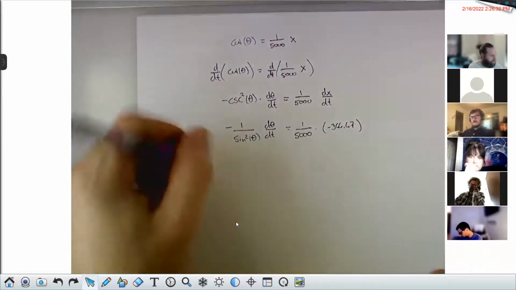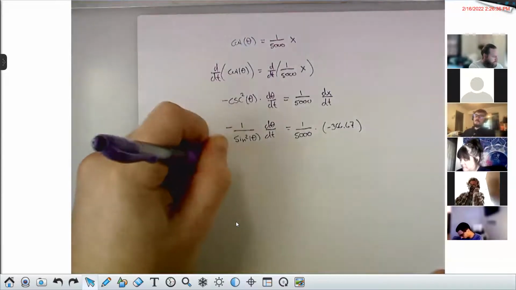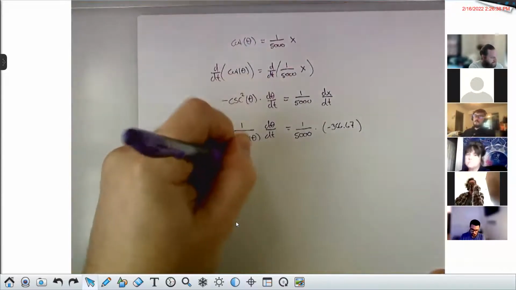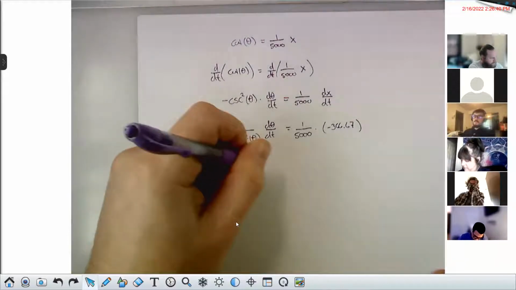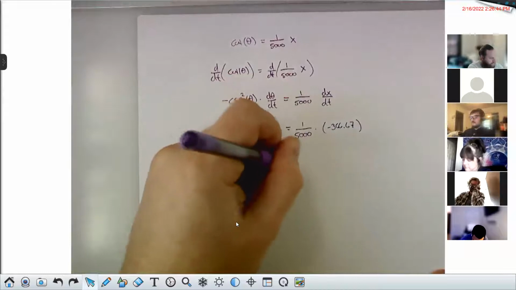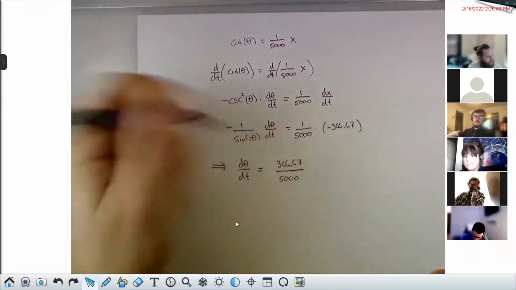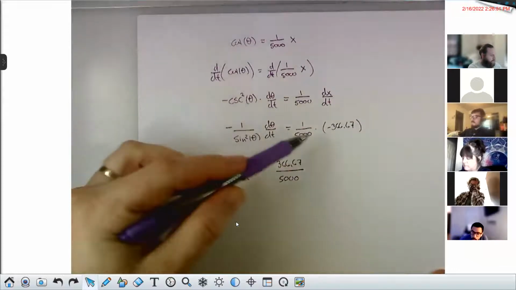I can multiply both sides by negative sine squared theta and get d theta dt is equal to 366.67 over 5,000 times sine squared theta. The negative will clear up the negative there.